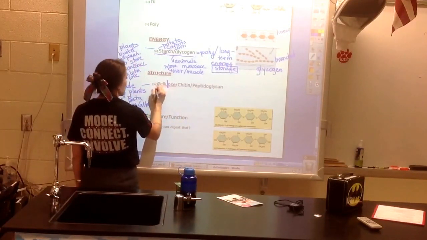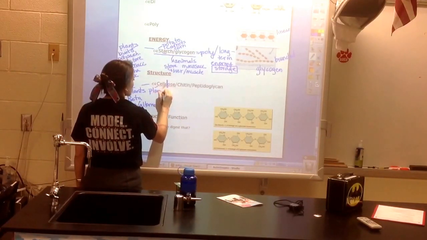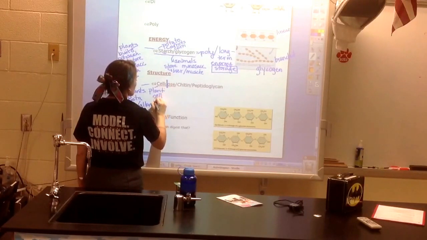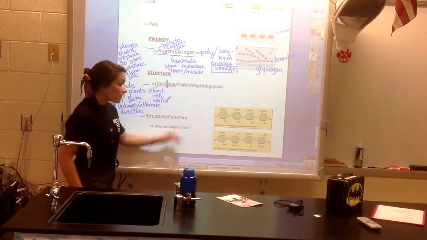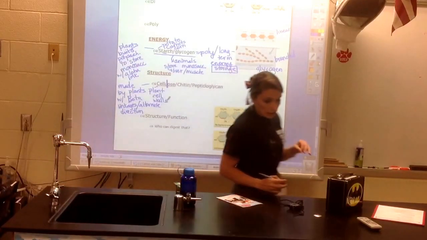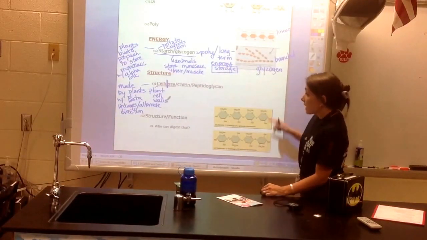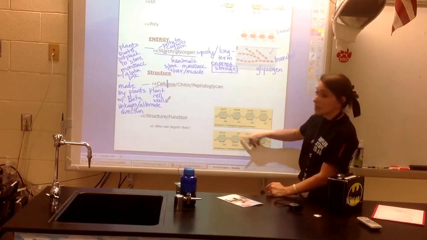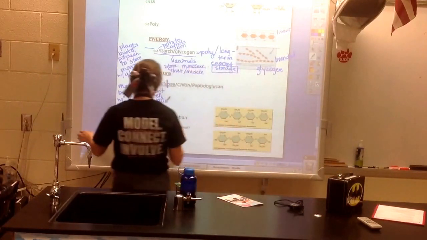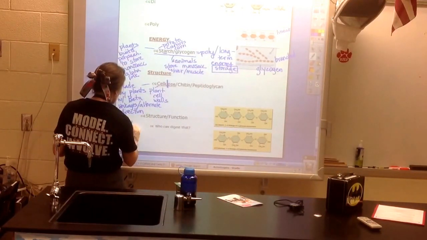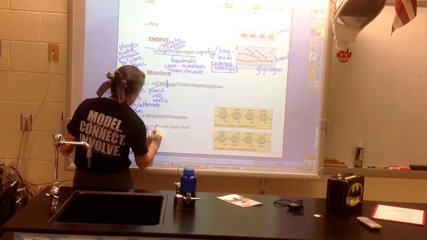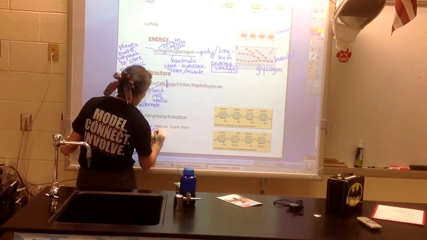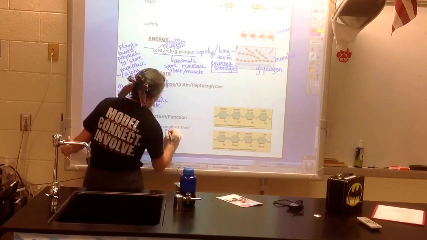Cellulose is in plant cell walls. This is what gives plants their extra structure and support. So a very strong carbohydrate there. Now, one of the important things is that animals can digest starch.